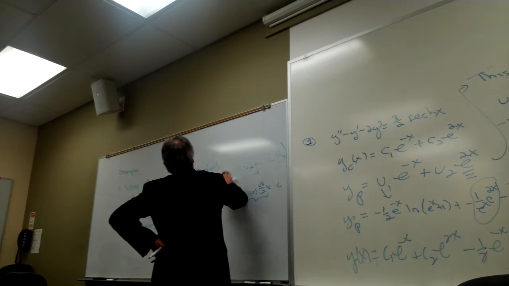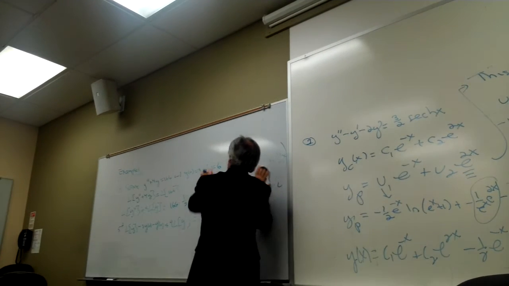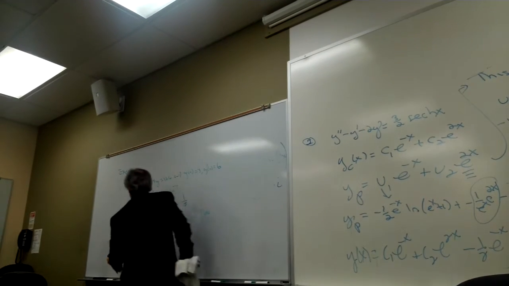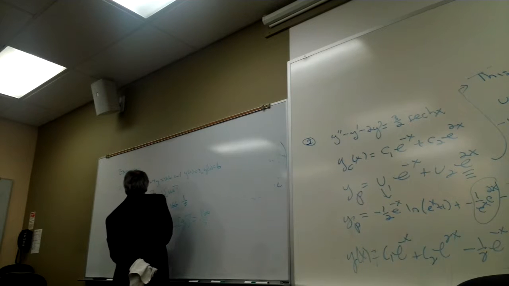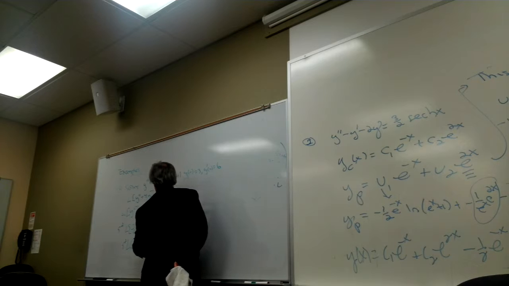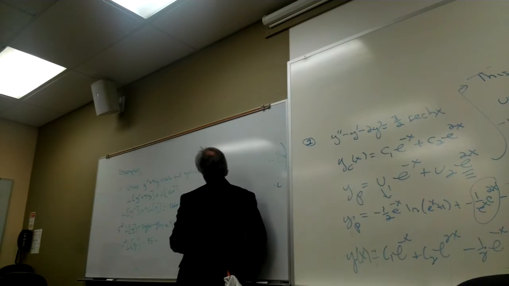So plugging in 3 and 6, for y of 0 and y prime of 0, I have the following. My s squared times the Laplace of y minus s times y of 0, because that's just a 3s, minus y prime of 0, which is 6.